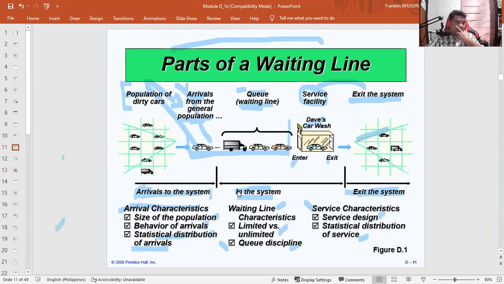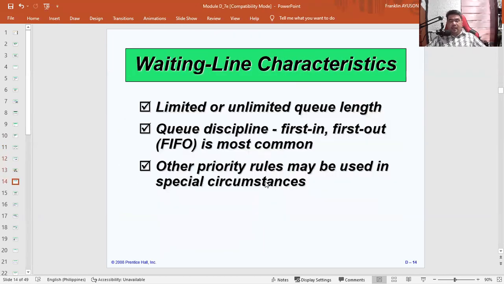This means that a certain number of arrivals has entered the system and become part of our queue. In our example, we only have three in the queue, so they are just entering the queue.